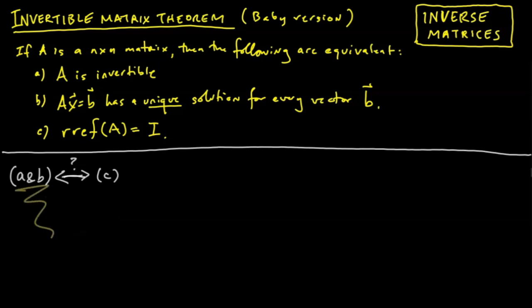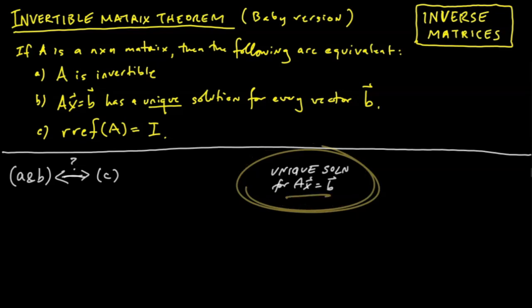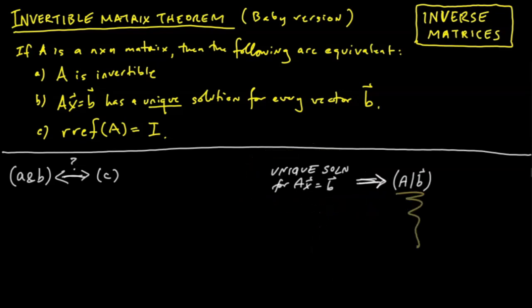Well, the relevant piece of the package is B, because if we have a unique solution for every equation AX equals B, it follows that if we produce the augmented matrix with A on the left of the bar and B on the right, and do Gaussian elimination to put it in reduced row echelon form, then from whatever we get at the end, we will be able to read off a unique solution, one and only one solution, where we'll say the first variable is 3, and the second variable is 5, and the third variable is 8, and the fourth variable is 9, and whatever.